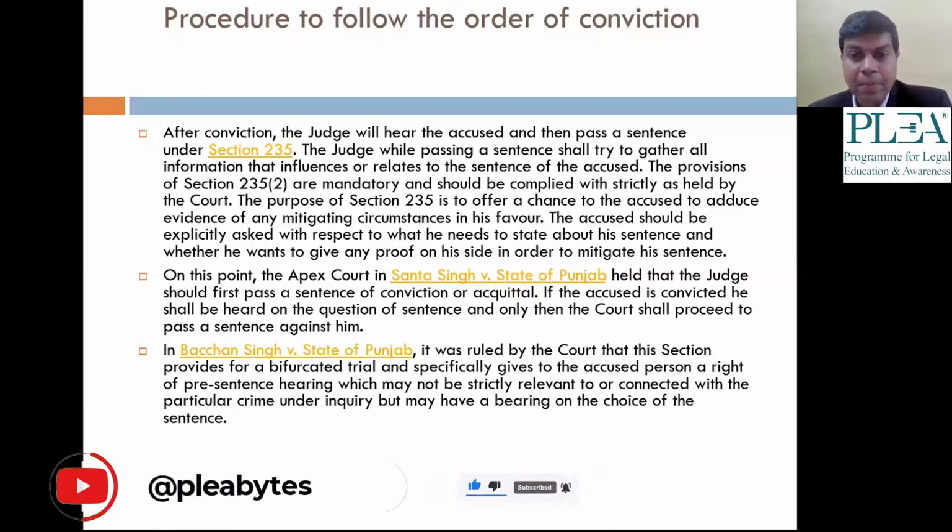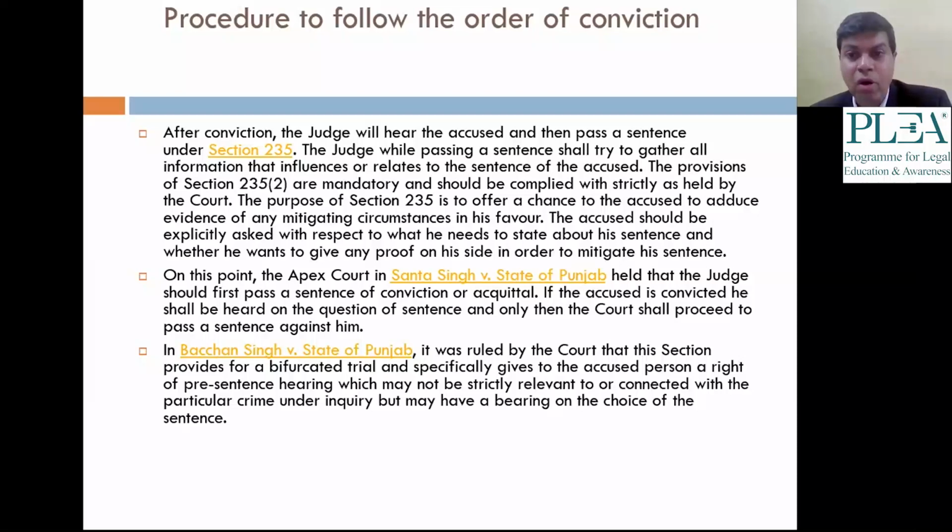The purpose of section 235 is to offer a chance to the accused to adduce evidence of any mitigating circumstances in his favor. The accused shall be explicitly asked with respect to whatever he needs to state about his sentence, and whether he wants to give any proof on his side in order to mitigate his sentence.